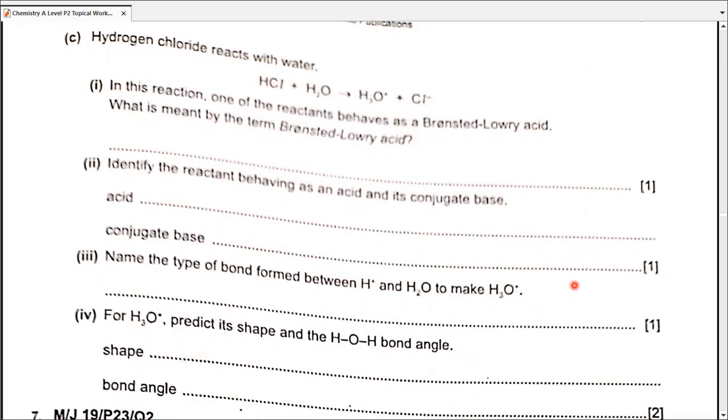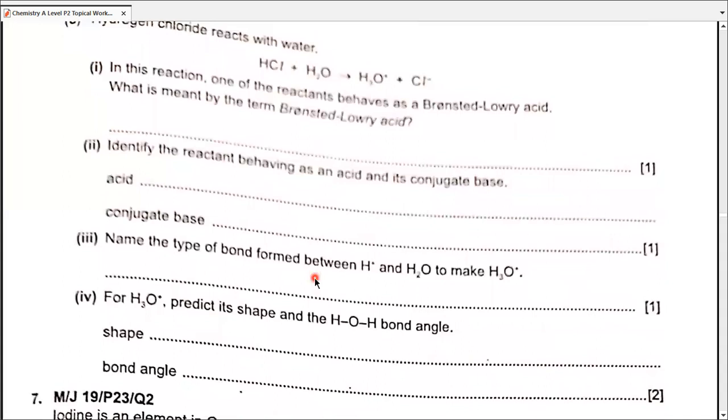Good. 3: coordinate bond. Coordinate covalent or dative bond, right?